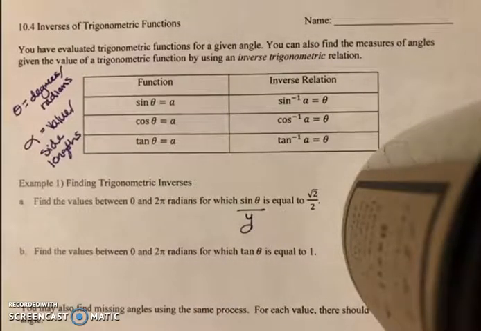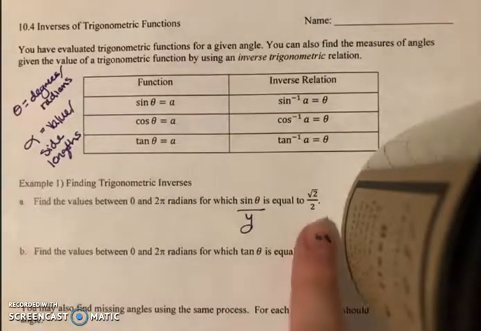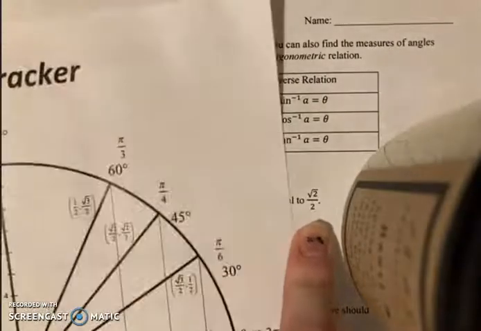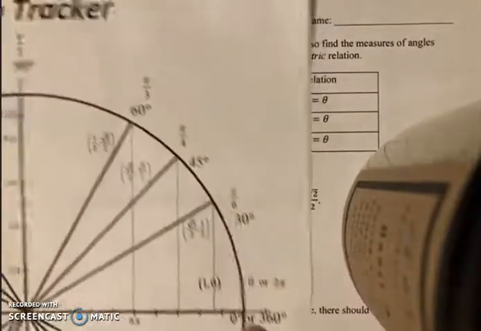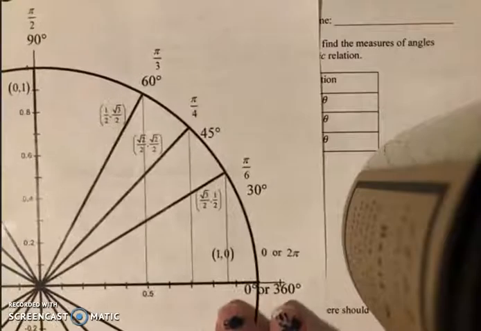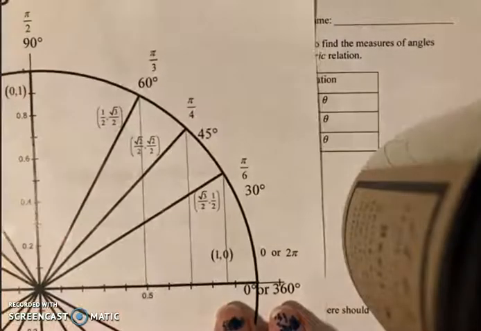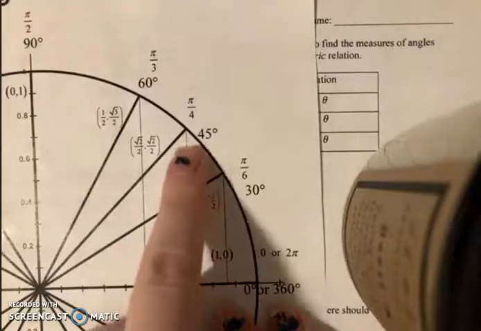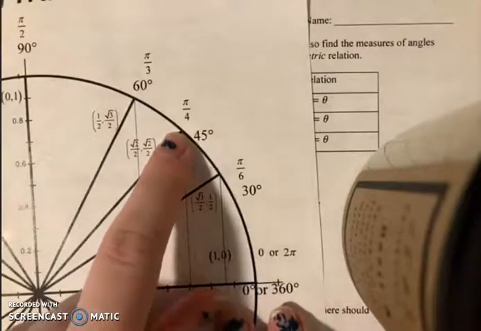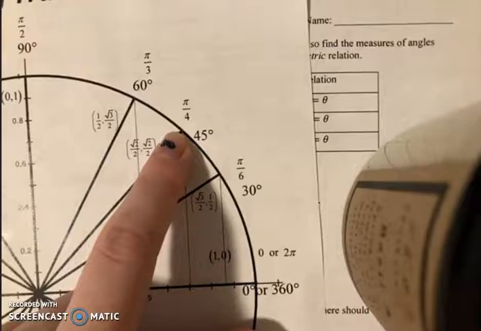So we're just going to take it one quadrant at a time and see when is the y value a positive root 2 over 2. So we're going to start here at 0, from 0 to 90 in quadrant 1. When is the y value positive root 2 over 2? That would be right here. So one of the answers is pi over 4 or 45 degrees.